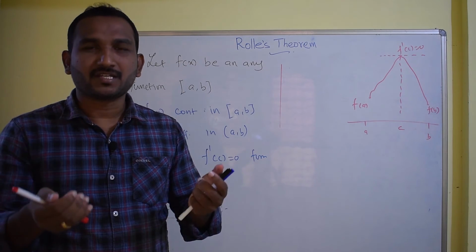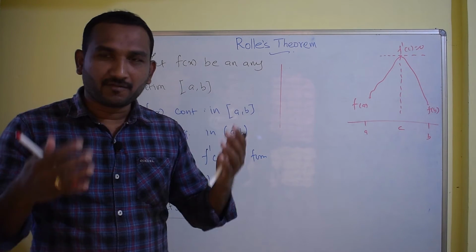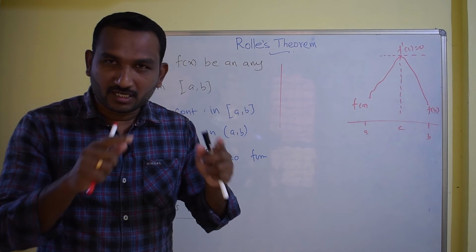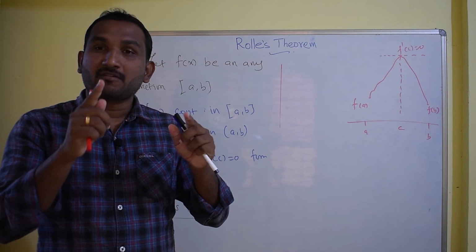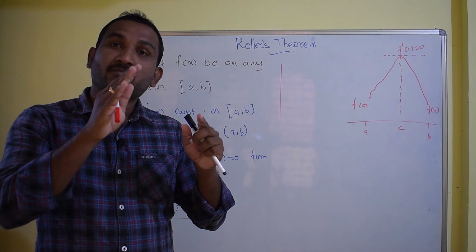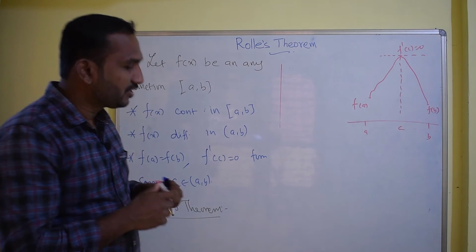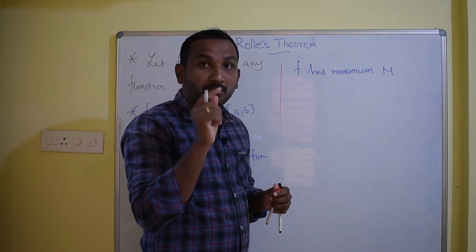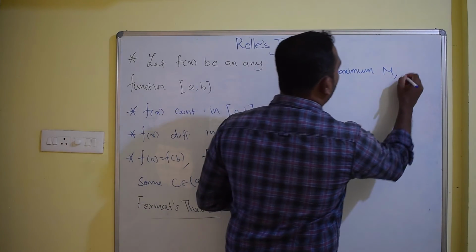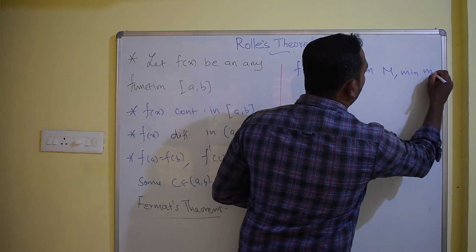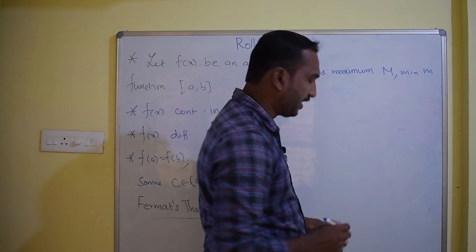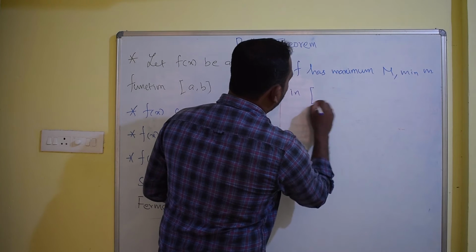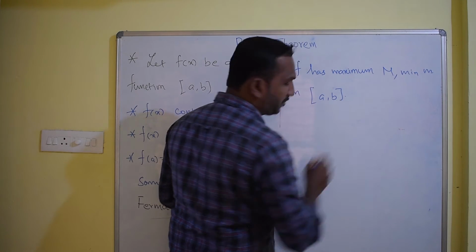What does the extreme value theorem say? You have any function in the closed interval a comma b, there will exist a maximum and a minimum. So I am going to consider the maximum as capital M, and the minimum as small m, in the closed interval a comma b.